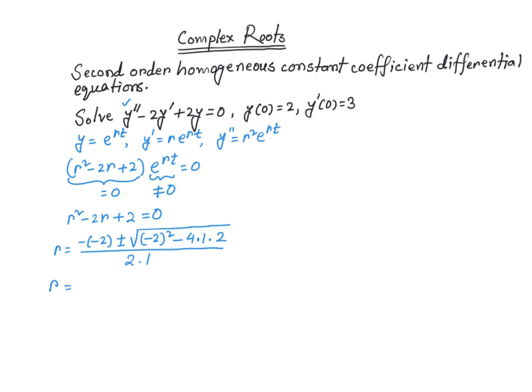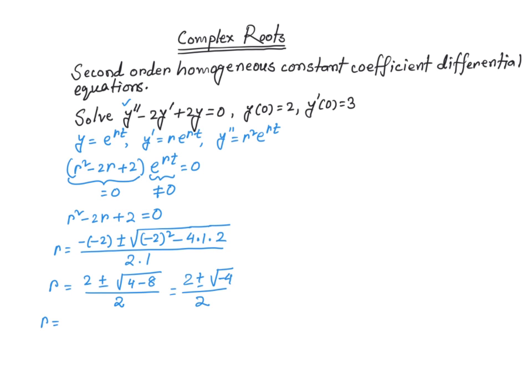So r equals 2 plus or minus the square root of negative 2 whole squared, which is 4, minus 4 times 1 times 2, which is 8, all of it divided by 2 times 1, which is 2. That equals 2 plus or minus the square root of negative 4, all of it divided by 2.